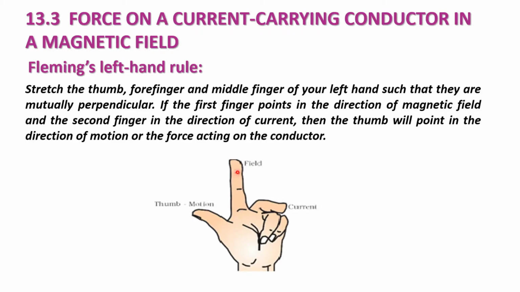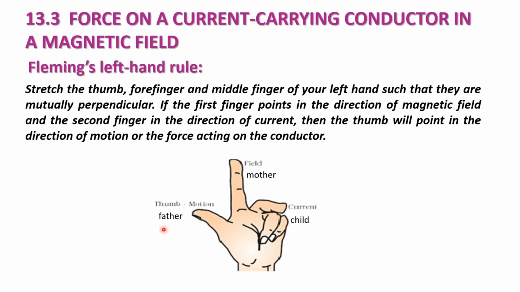So this finger will point the direction of magnetic field. The second finger, the middle finger, will point the direction of current, and the thumb will point the direction of motion.